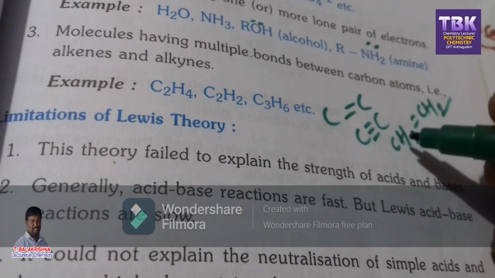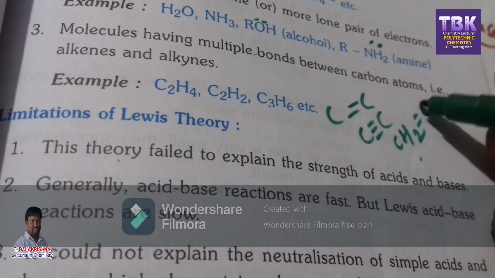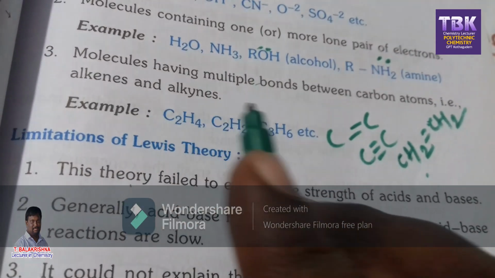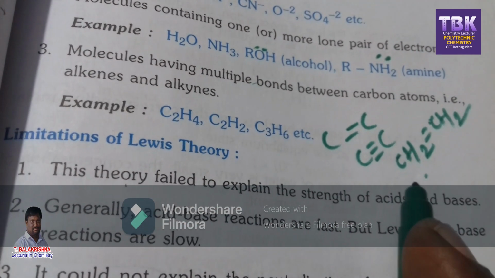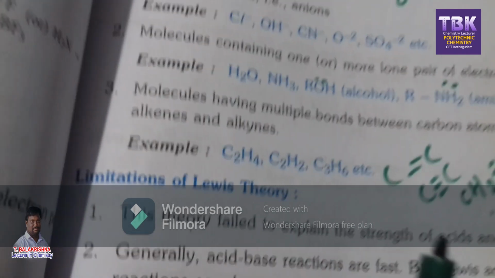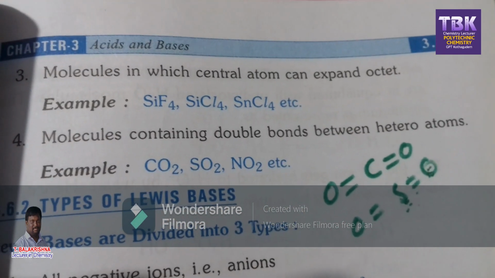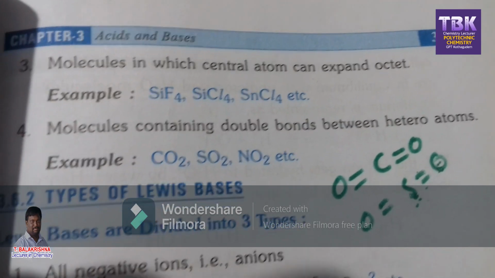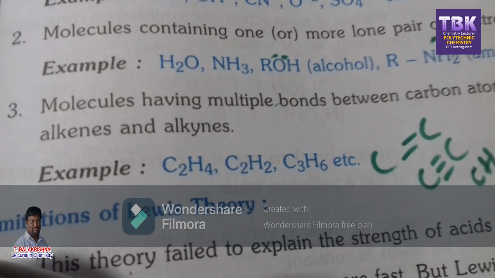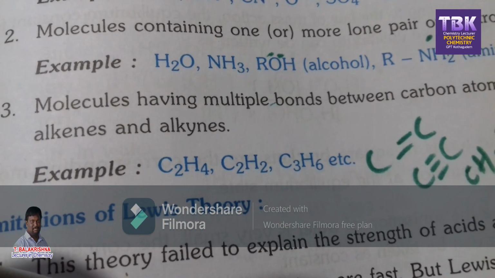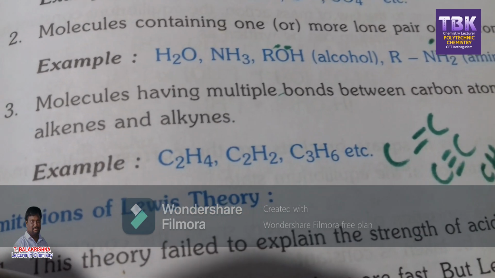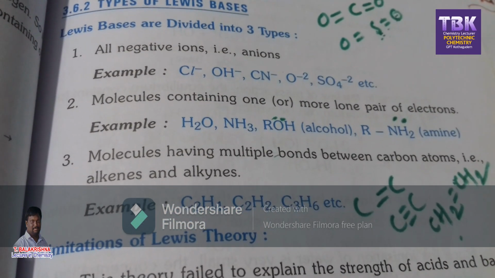Here the double bond is between the two carbon atoms. So the molecule having a multiple bond between carbon atoms acts as a Lewis base. A double bond between heteroatoms makes a Lewis acid. A double bond between carbon atoms acts as a Lewis base.